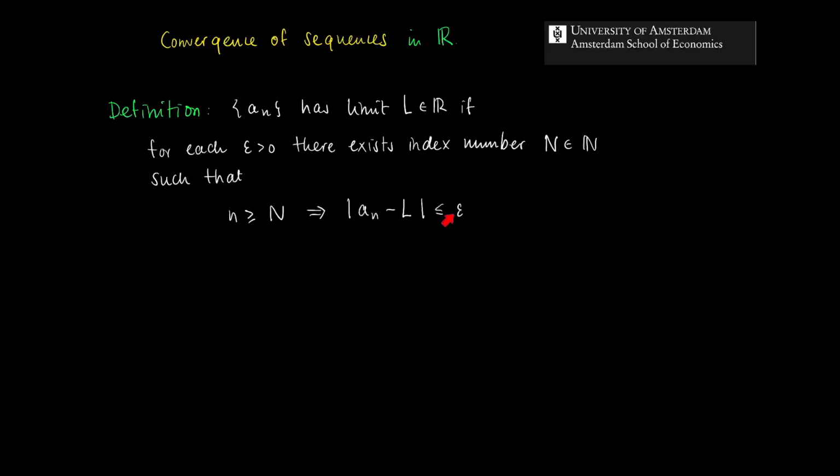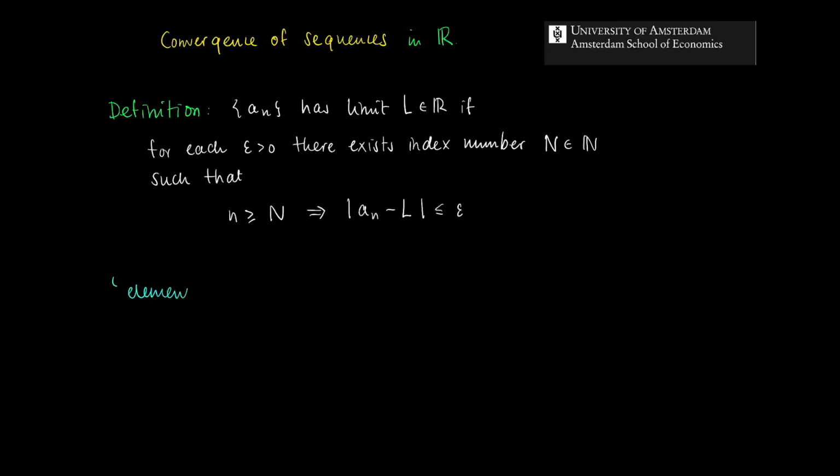This means that by varying over all epsilon, I can always specify indices such that the a_n are closer to L than this epsilon. And by varying these epsilons, I can thus make the elements become arbitrarily close to L.